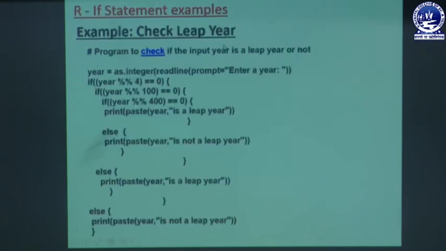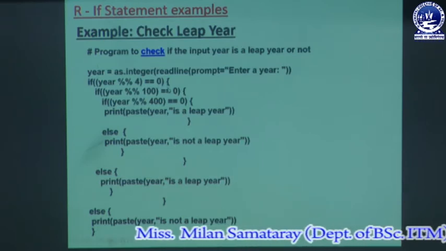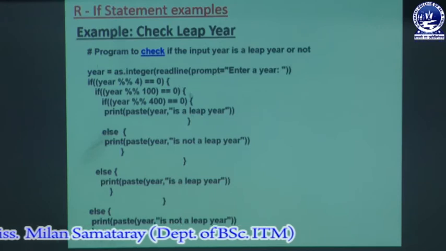But here there are also some other conditions. If the condition stays false, that means 1900 is not divisible by 4, and that's why the result, or you can say the remainder, is not 0. So it will go for the next condition.